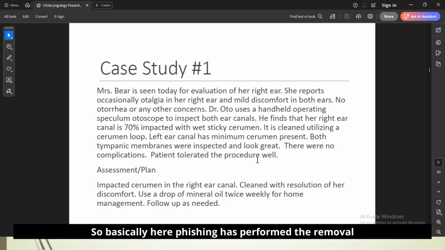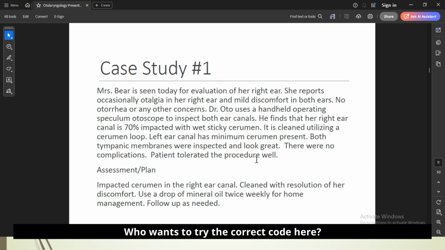Okay. So basically here the doctor has performed removal of the impacted cerumen on the right side. See here, this is the right side. Assessment and plan: impacted cerumen in the right ear canal, cleaned with resolution of her discomfort. Use a drop of mineral oil twice daily for home management, follow up as needed. Okay. So what is the code here, guys?